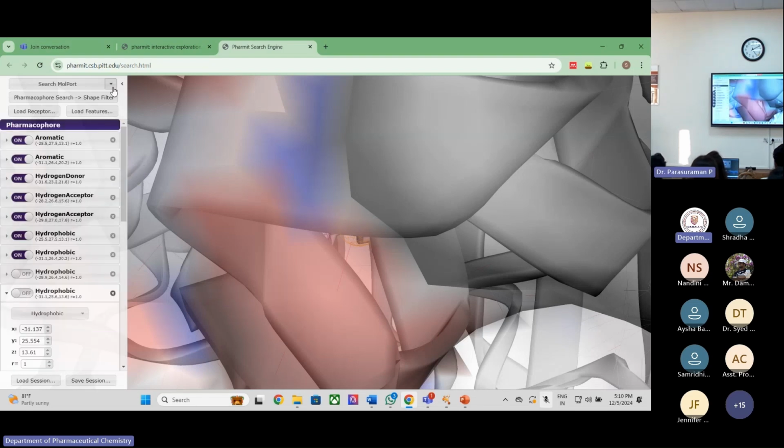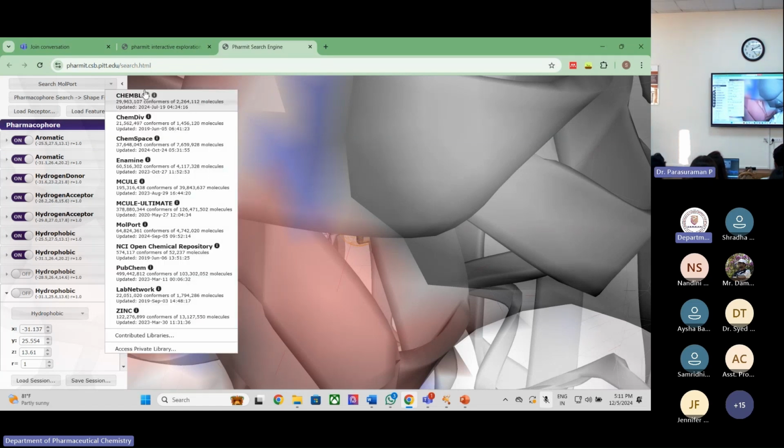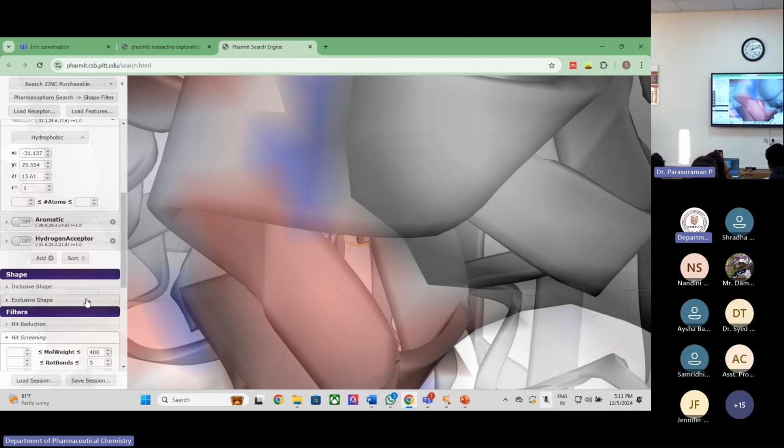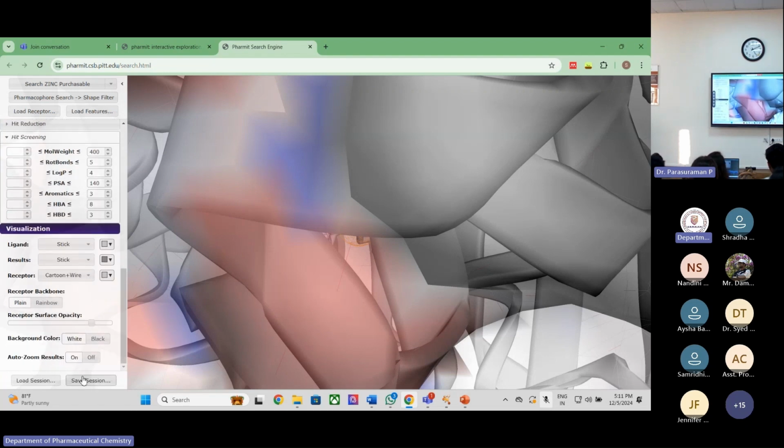After putting all the things here, you have to choose the molecule source. Here you can see the ChEMBL database, ChemDiv, ChemSpace, and the last one is the ZINC database. If I choose the ZINC database, after choosing it I have to go next and save the session. I have to save the session.